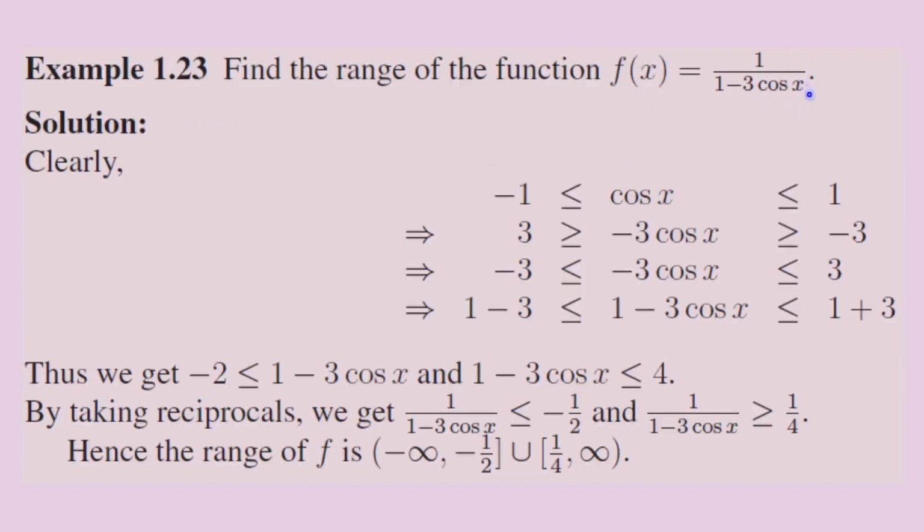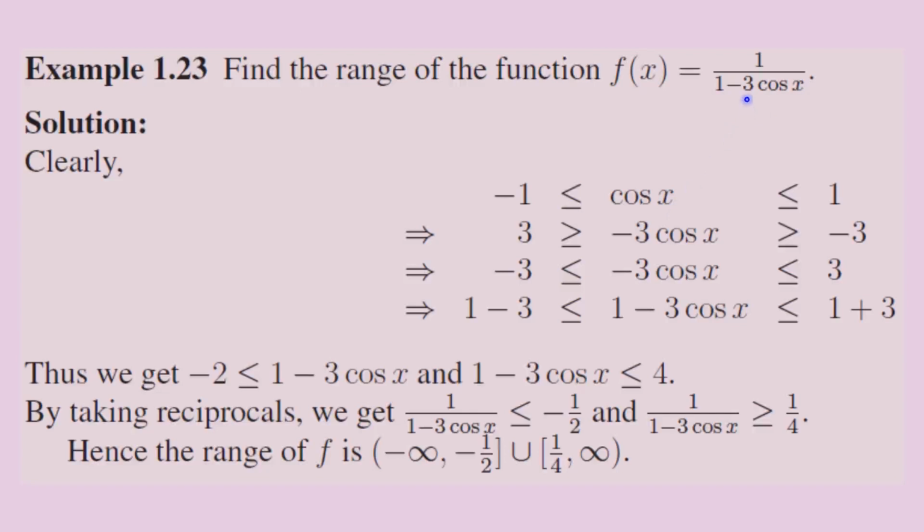இங்கே cos x-ன்னு கொடுத்துருக்கறதால range of the cos x என்னன்னு கண்டுபிடிக்கணும். That is already known. The range of the cos x is minus 1 to 1. So cos x-ஓட value minus 1-ல இருந்து 1 வரைக்கும் தான் இருக்கும். அதை minus 1 less than or equal to cos x less than or equal to 1 என்று எழுதிக்கலாம். இந்த term-ல 1 minus 3 cos x format-க்கு மாற்ற போகிறோம்.